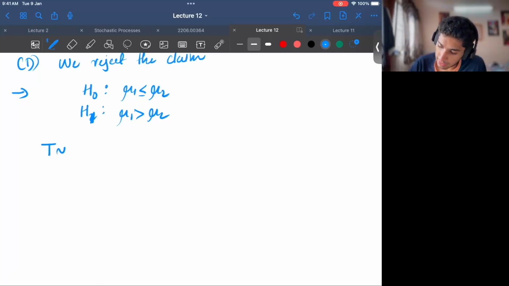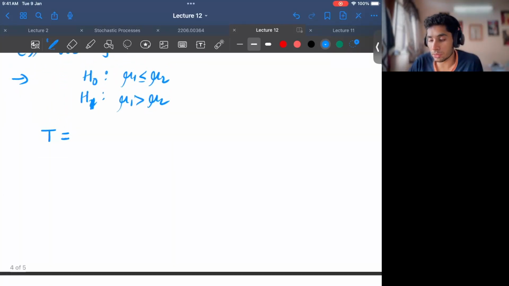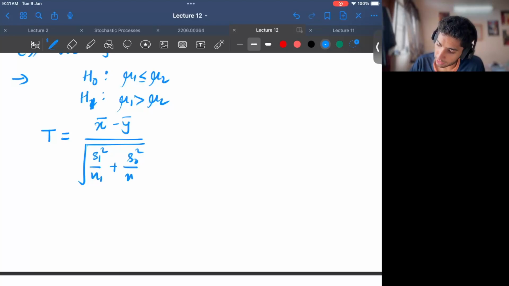The test statistic is x bar minus y bar upon root over s1 square by n1 plus s2 square by n2.